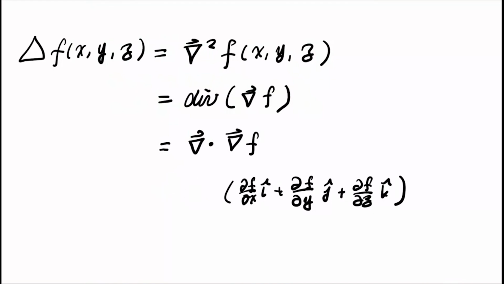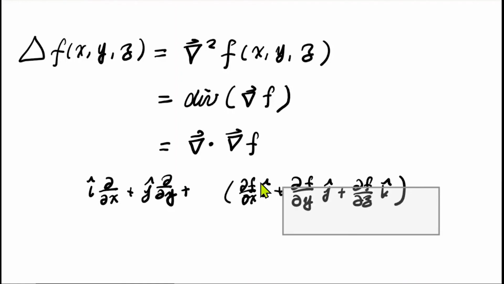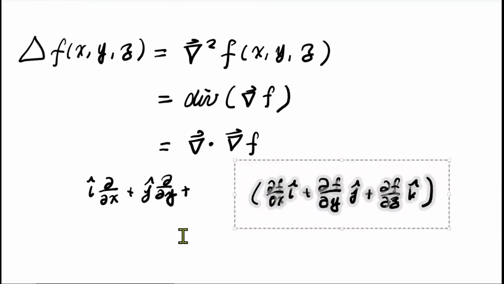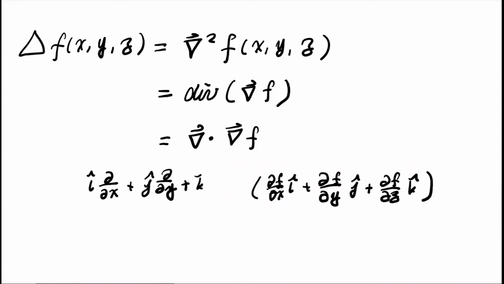Actually, I'm going to spell this thing out too. And this thingy, remember, was partial x, let's put I vector here, plus partial with respect to y, j vector, plus, why do I never give myself enough room when I do these things? And then k vector, good. And we dot these things.